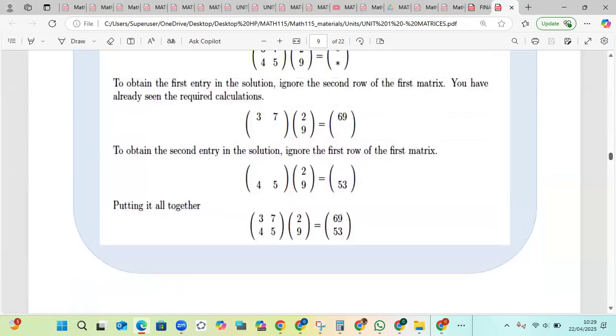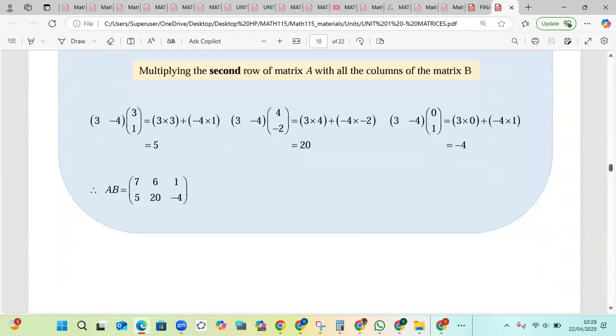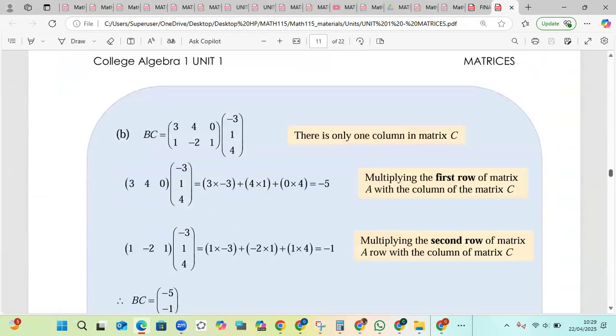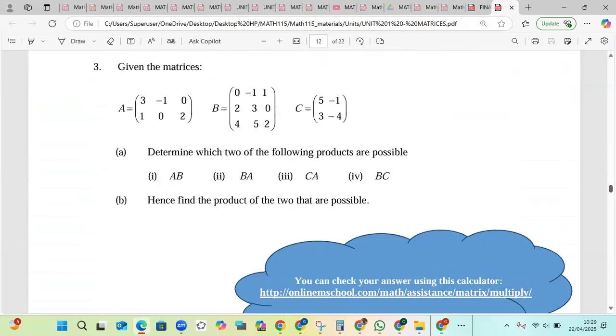And here you have the example given right there, page 9, and then you've got an example on page 10, and then 11 and 12 are exercises.